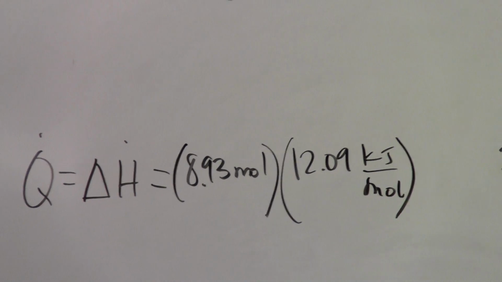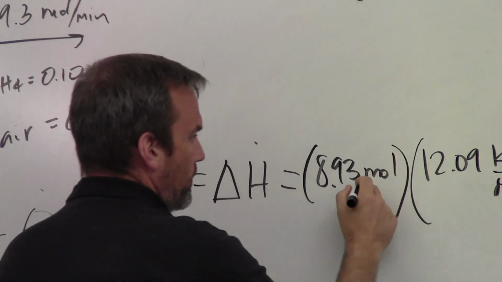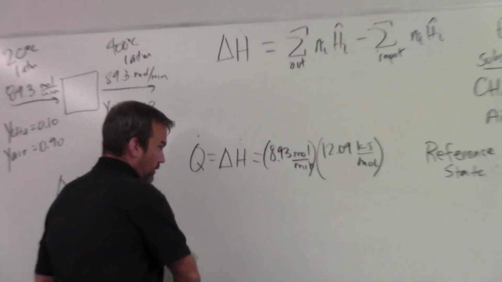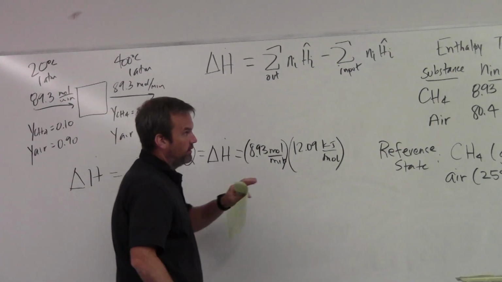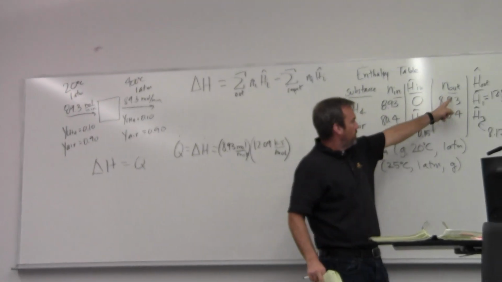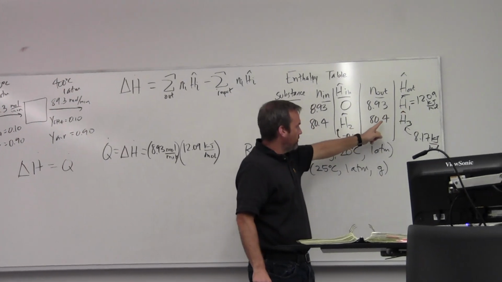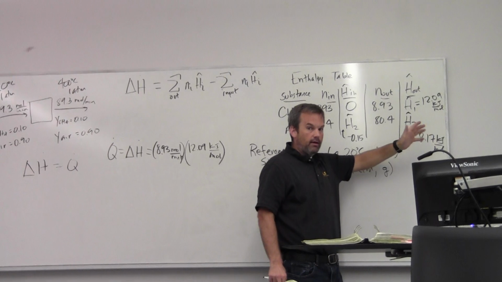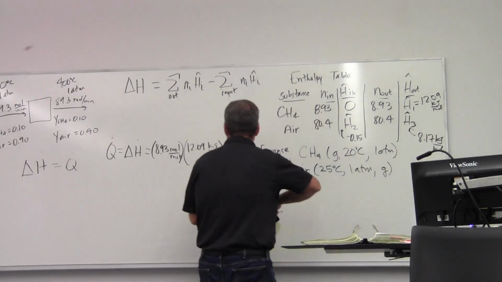Actually for methane it's a rate, so it's moles per minute. So that's this number times this number. Now I have to do this number times this number to get the enthalpy in the exit stream of the air.